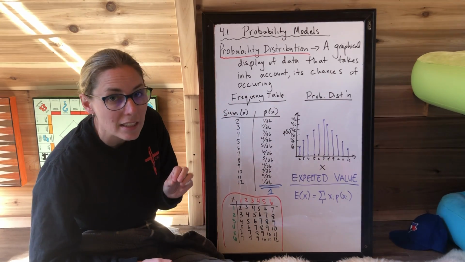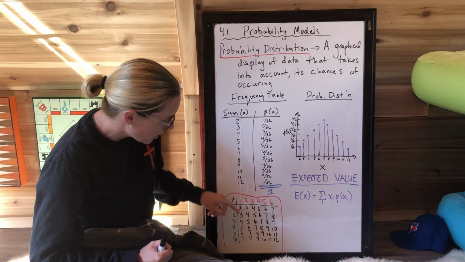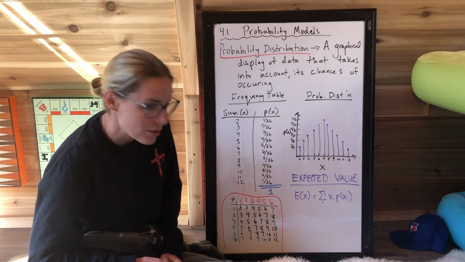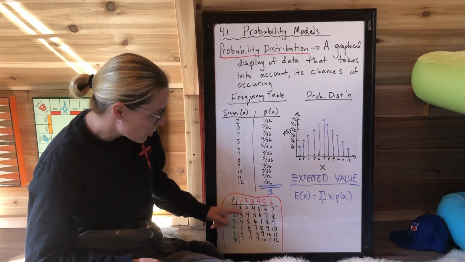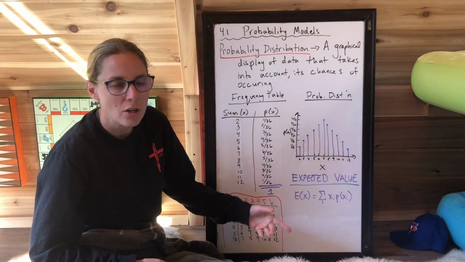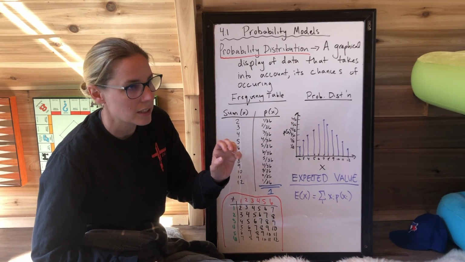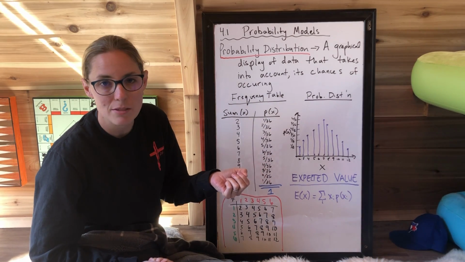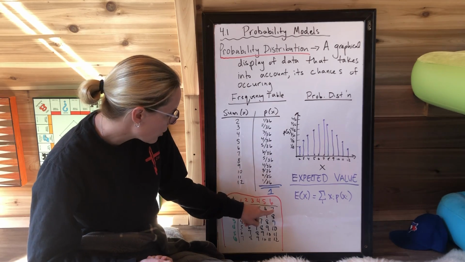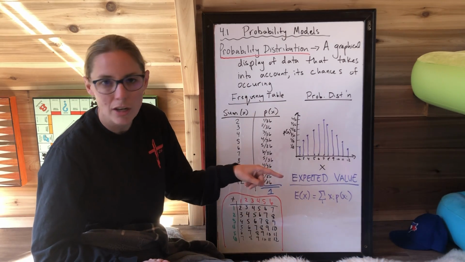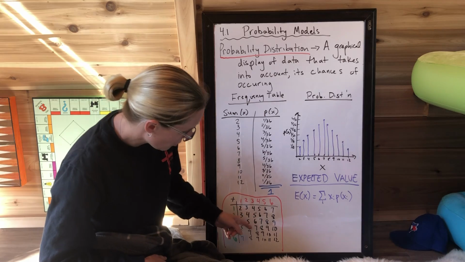The least likely outcomes are rolling 2 ones or 2 sixes, which give you a sum of 2 or a sum of 12, because those are the only ways to make up that specific sum. Whereas 7s you can get by getting a 1 and a 6, a 2 and a 5, a 3 and a 4, a 4 and a 3, and so on.